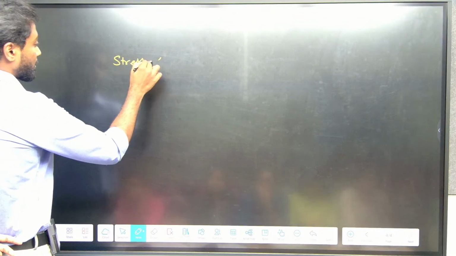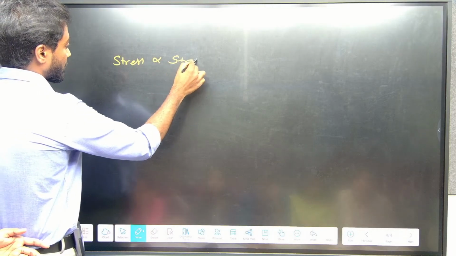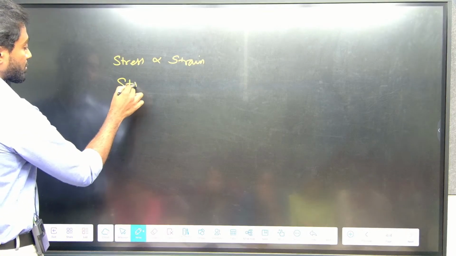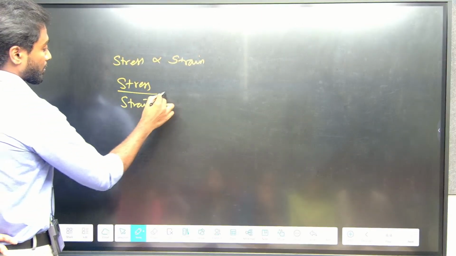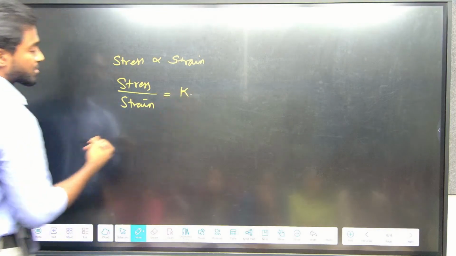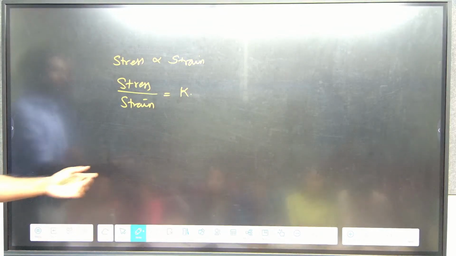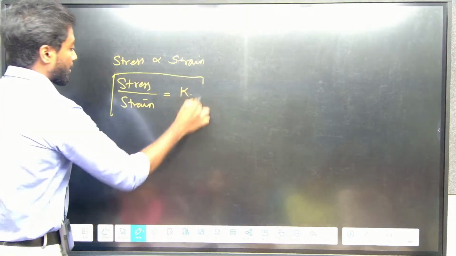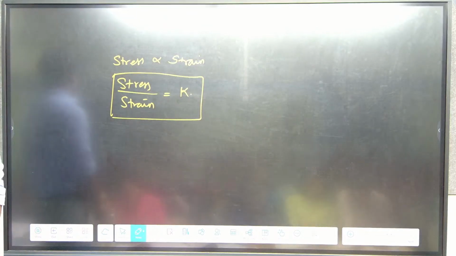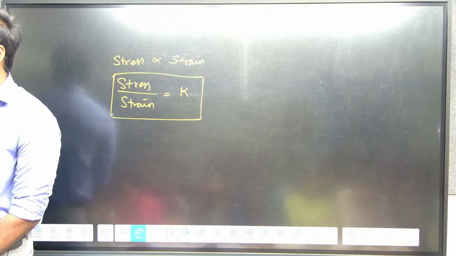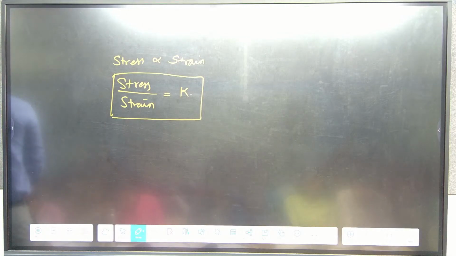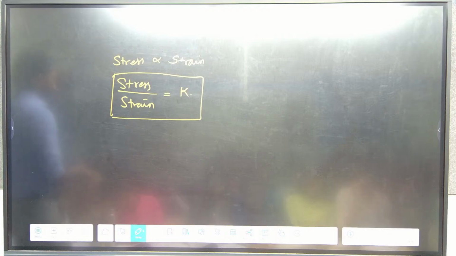So stress by strain is equal to a constant K. K is nothing but elasticity, so that is the modulus of elasticity, we'll say.